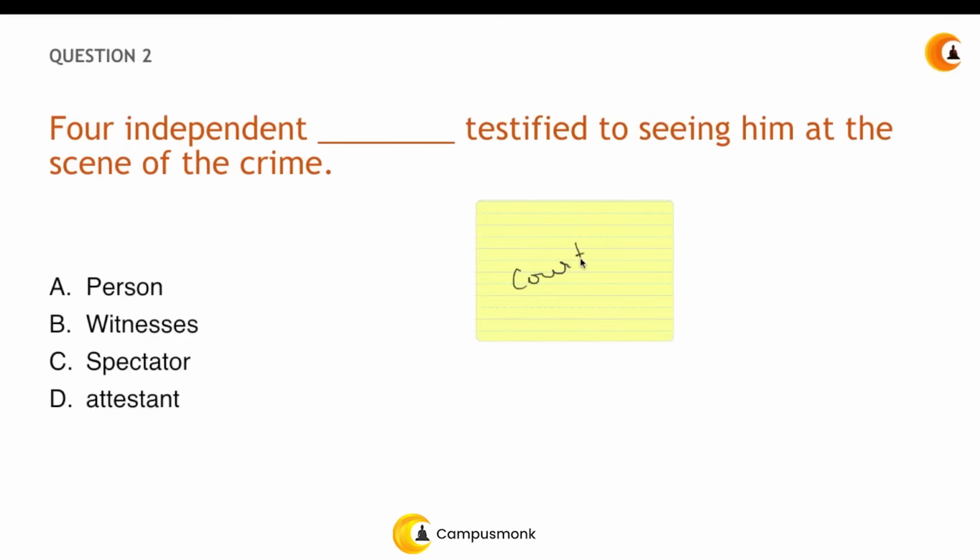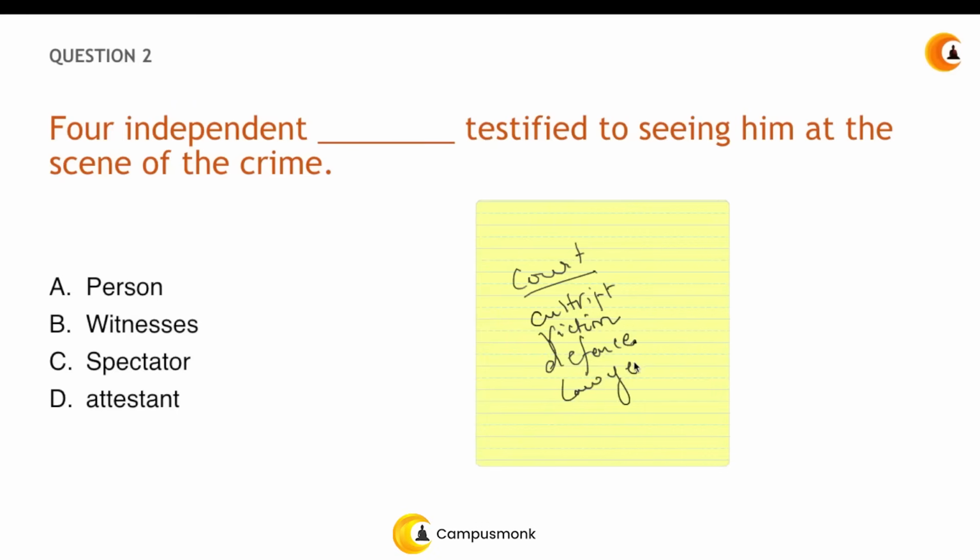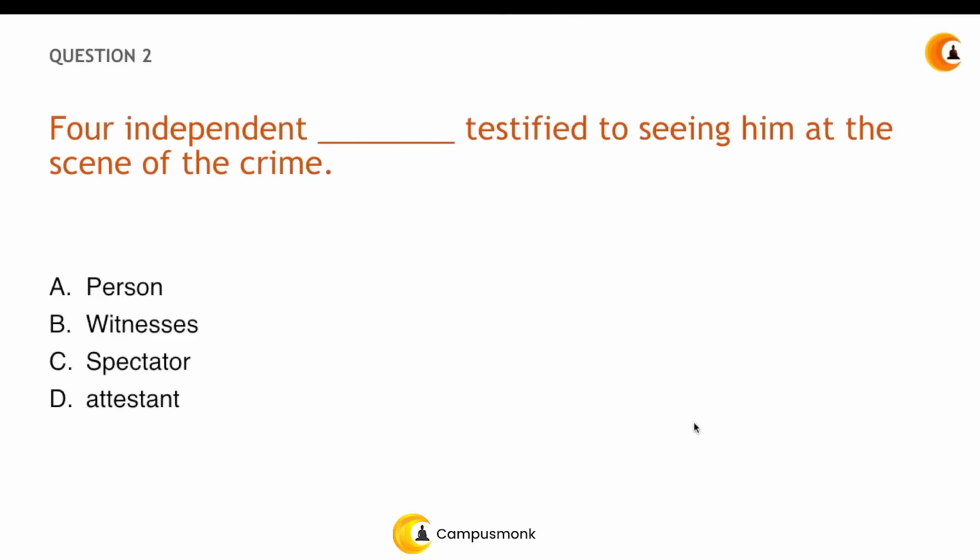And when it comes to court, it's either the culprit, the victim, the defense people, lawyer, judge or judges, there is no jury. And witness, the most important part. So try understanding how the question is related, and that's where you get your answers.